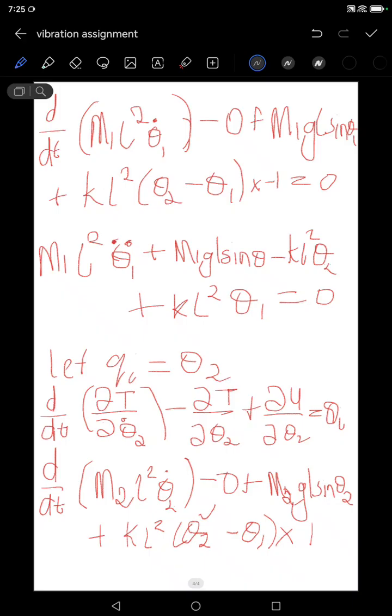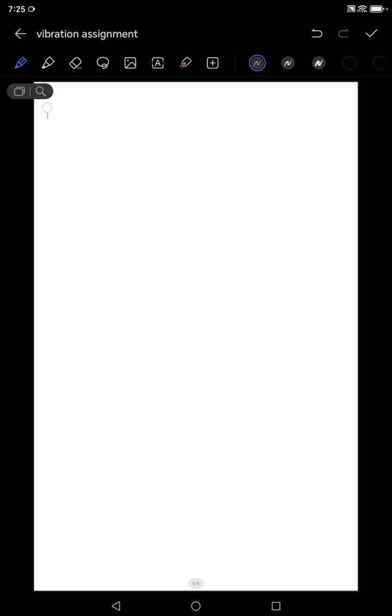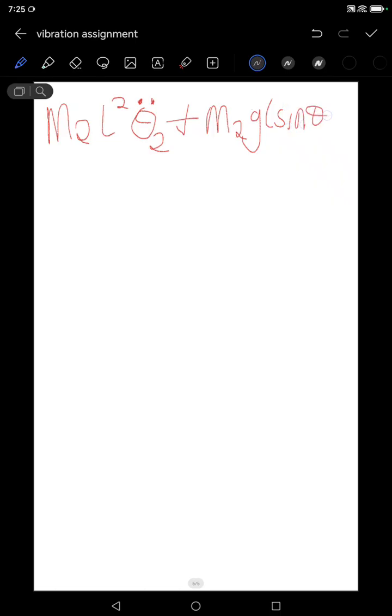Therefore we're going to have m2 l squared theta double dot, two dots on top of theta. Then we're going to have m2 l squared theta 2 double dot plus m2 gl sine theta 2 plus kl squared into (theta 2 minus theta 1), all equal to 0. So this is our second equation.